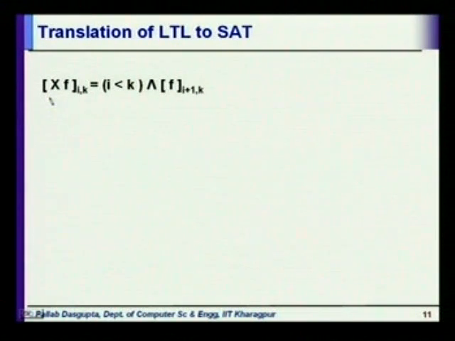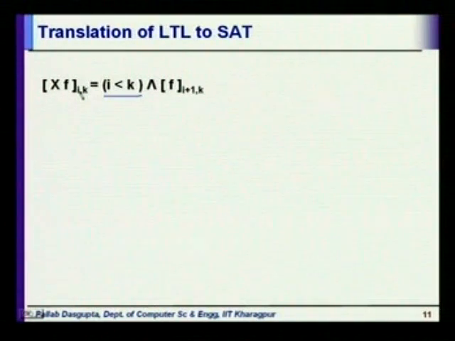If F is not Boolean, then we look at these things. Then what can it be? It can be XF or G of F or F of the formula or until, right. Now if it is XF_ik, then we add the clause i less than k, because otherwise this has failed, right. And we say that F should hold in i plus 1, right. What does F_ik indicate?